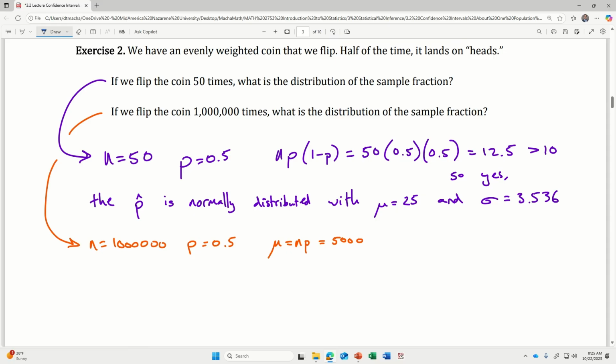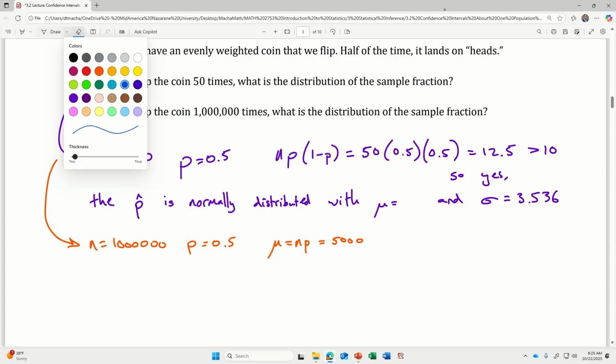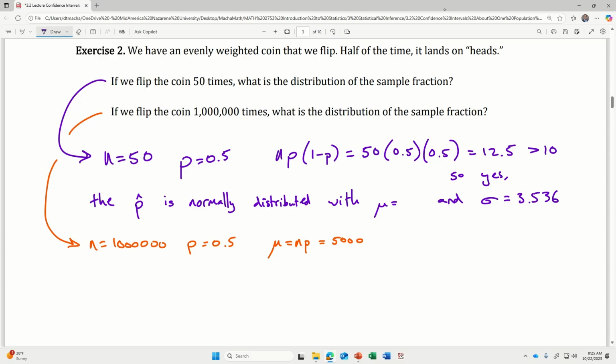Now to fix my problem in the purple. The problem in the purple is that I was calculating the mean as n times p, but that's not right. The mean should just be p, because we're talking about the distribution of the sample fraction. And the mean of the distribution of the sample fraction is just the population fraction.